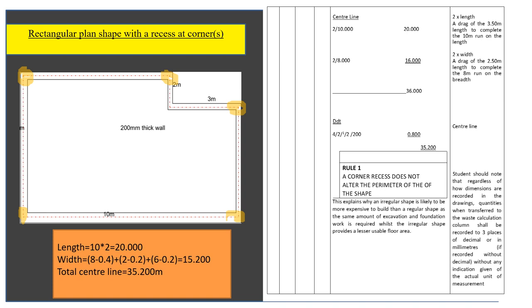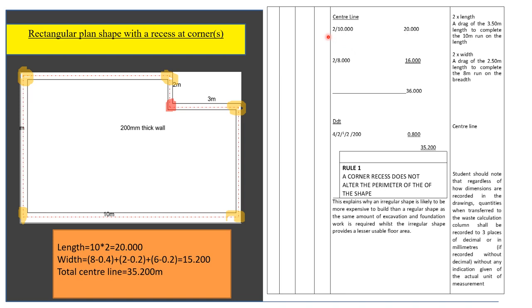Internal corners we have 1. So we shall take the external perimeter, and deduct the number of corners times the thickness. The number of corners is external corners minus internal corners. External corners, there are 5, internal corner is 1. So 4 corners times the thickness 0.2. We shall deduct 0.8. What is the center line?